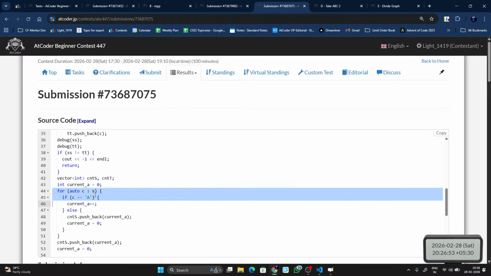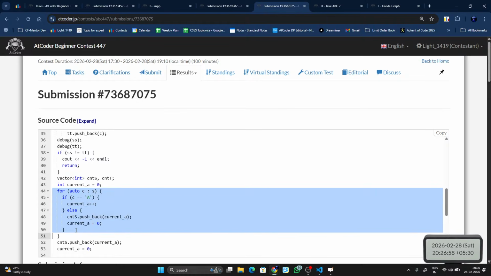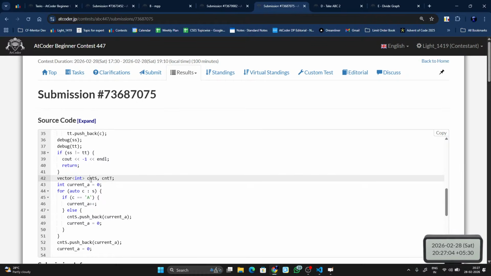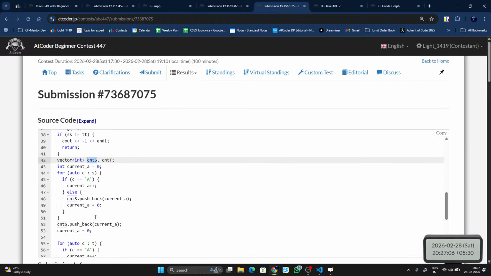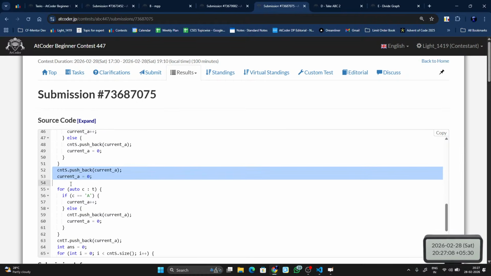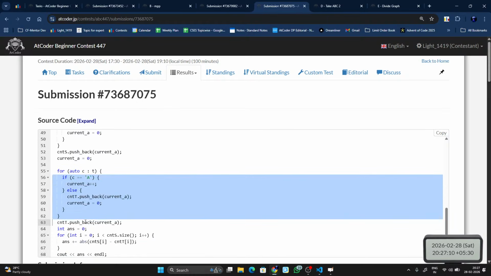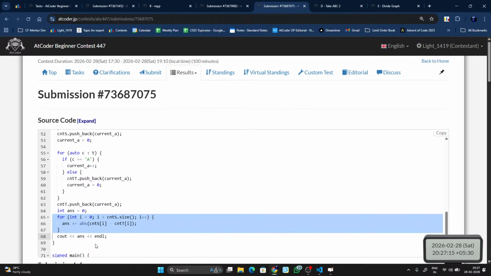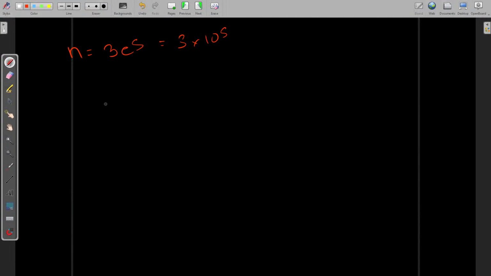For each character in S, we are checking some conditions, and if they are same or different, we are performing some operations. We are also inserting into the vector at the back, which is also O of 1. Similar for the second string. Then we are iterating upon those counts, which would also be linear. So overall, the solution was in O of n.